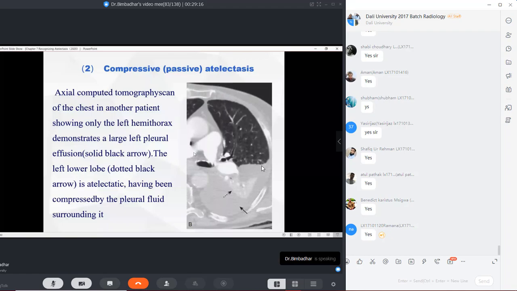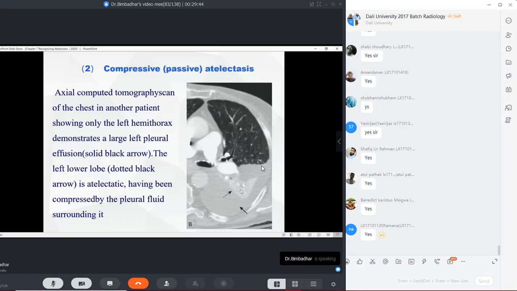And you can see here it has just been divided down, which means almost the complete lower lobe has been compressed by this pleural effusion. So this is a moderate pleural effusion, which now compresses the complete left lower lobe. So now this became atelectatic. So this is a compressive atelectasis. Did you understand?